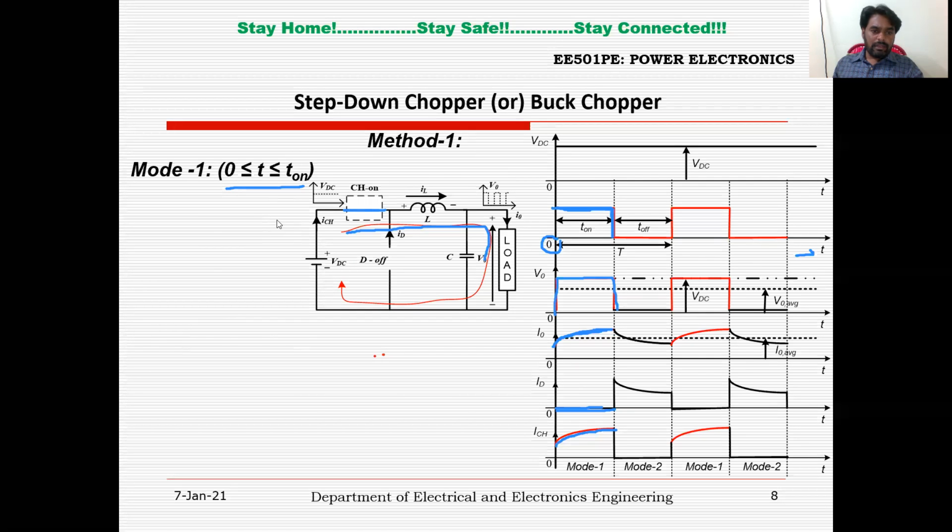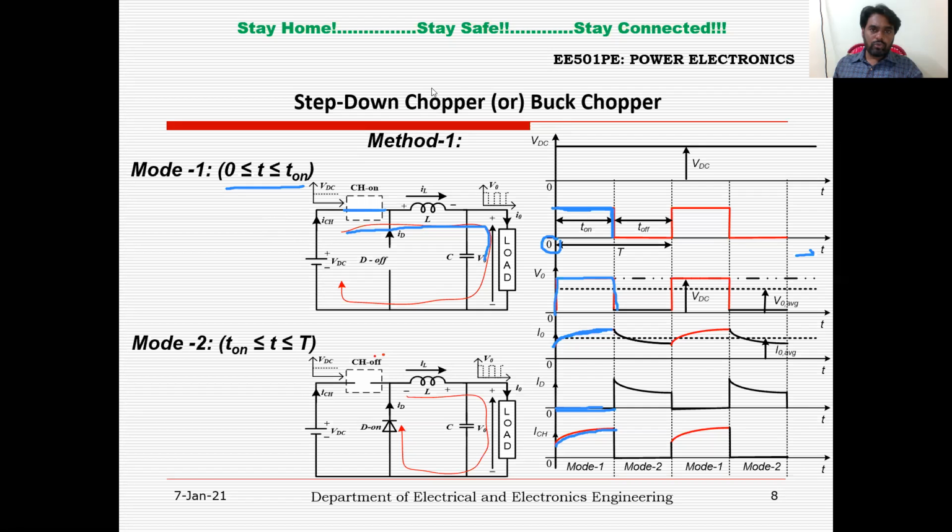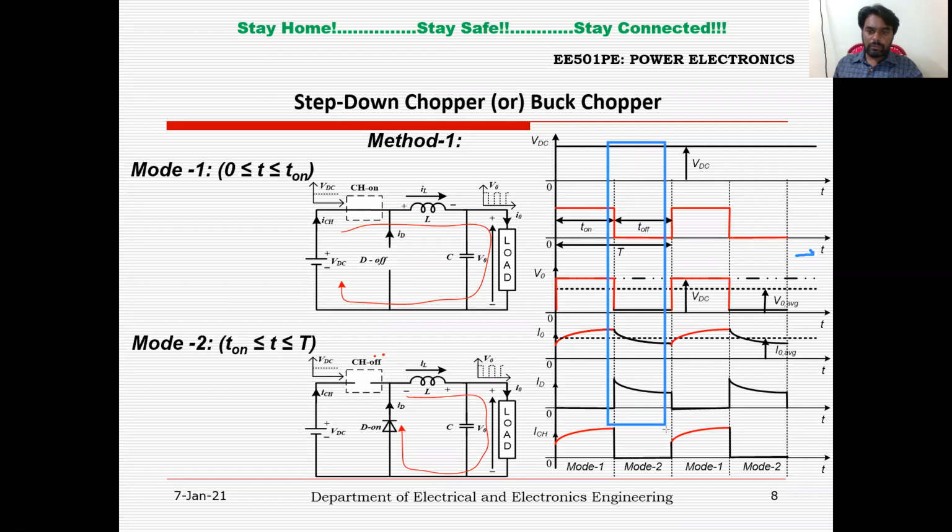Right. Similarly, if you want to go for mode 2, in mode 2, we want to make the chopper off. To make the chopper off, we need to make use of the commutation circuit. Right? So it may be class A commutation, class B, class C, class D, or class E commutation.